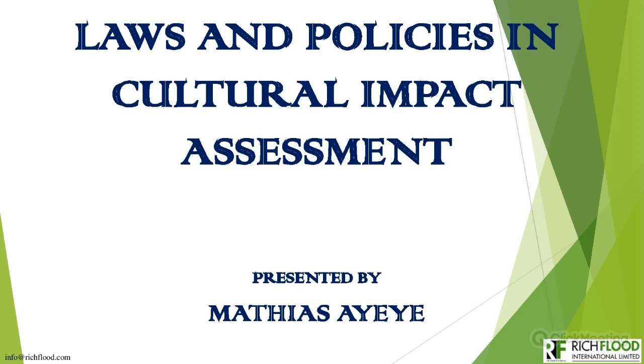Now, while some environmental impact statements distinguish social variables from cultural variables, some sum the cultural variable under the broader social variable and treat culture as part of the social dimension of environmental impact assessment, that's the EIA, on the assumption that the social impact assessment will adequately cover all cultural issues and concerns.